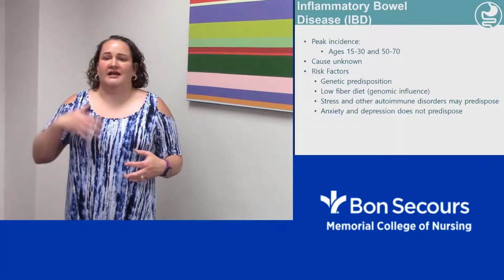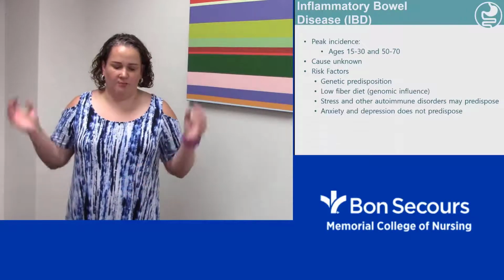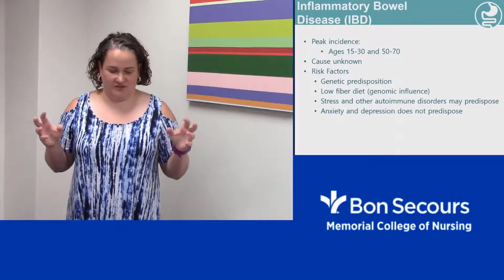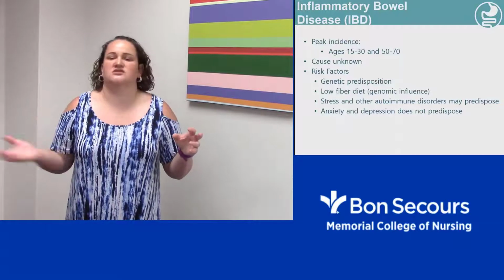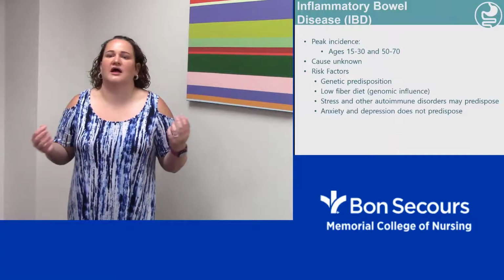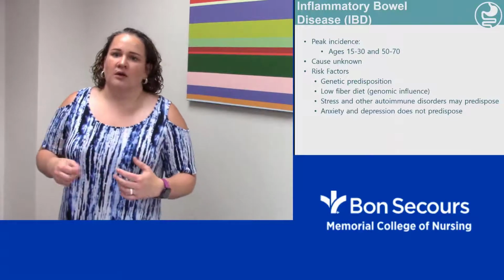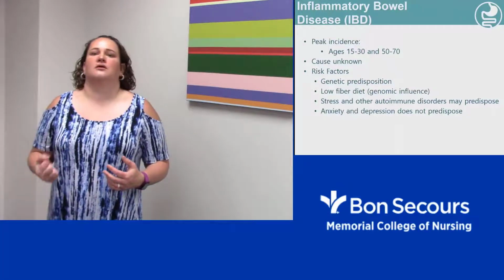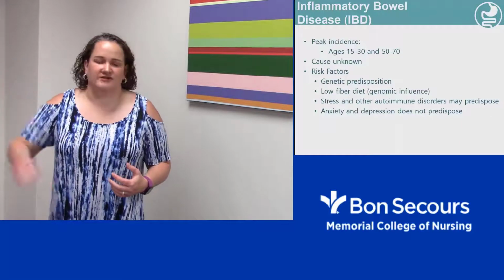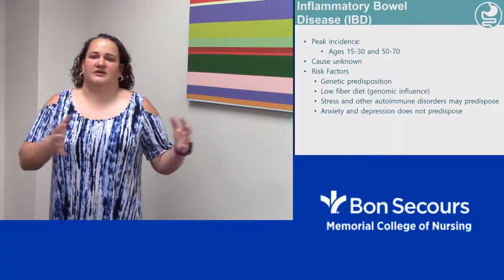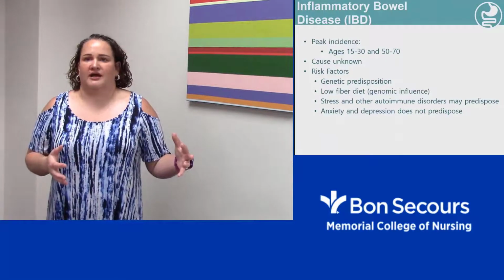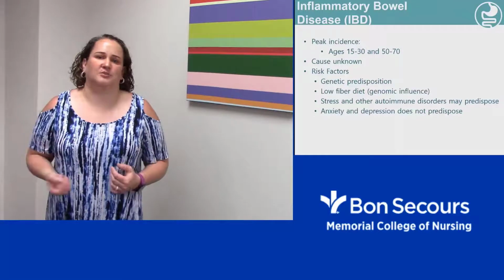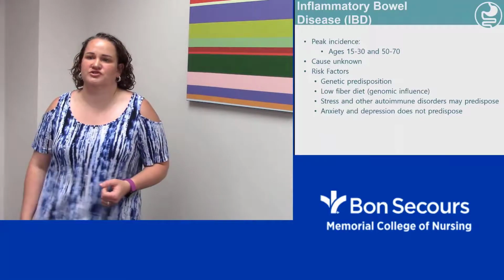So genetic predisposition, if both parents have one of these, for instance, if they have Crohn's, it's a 50% chance that the child will have Crohn's as well. Low fiber diet, so the genetic influence, for instance, in the United States, we tend to have more of a low fiber diet, which can actually predispose somebody for having IBD.